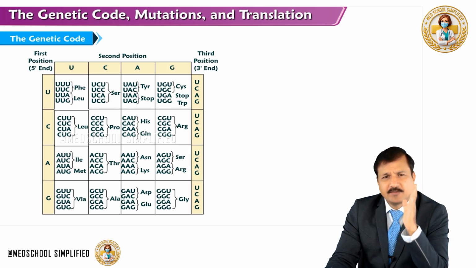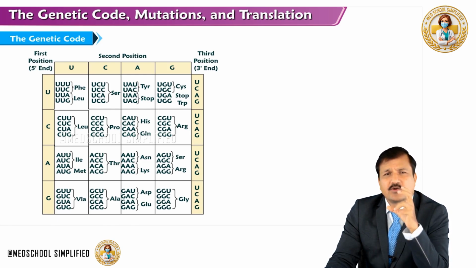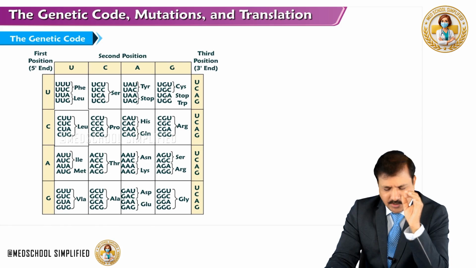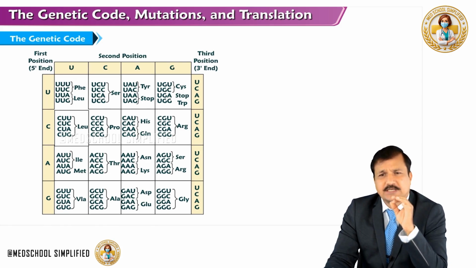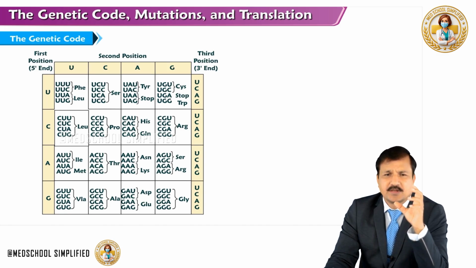Out of 64 codons, 61 codons code for amino acids. The other 3 codons, that is UAA, UGA and UAG, are the stop codons or nonsense codons. These stop codons terminate translation.